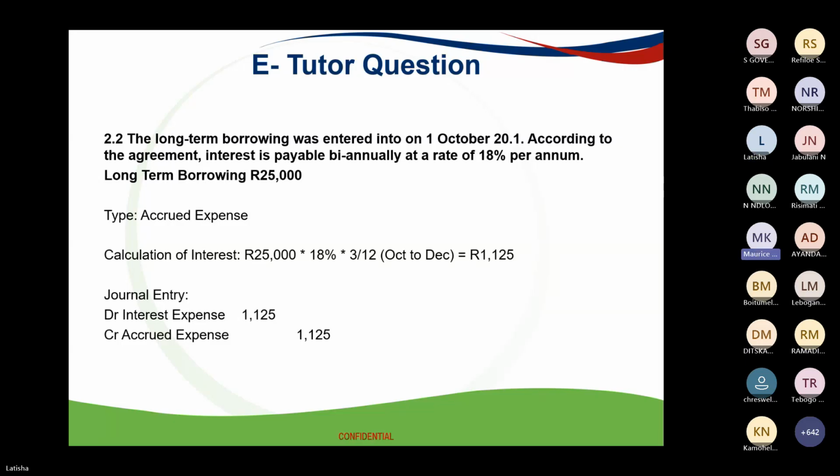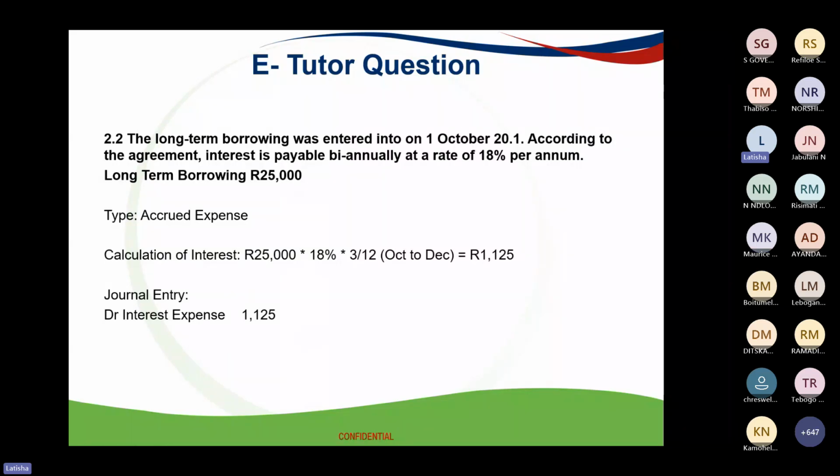Okay. I'll just stop again. I see there's quite a few questions, one of them about biannually. So when you read a question, it's important to look at what the rate is and whether it has been calculated or not.